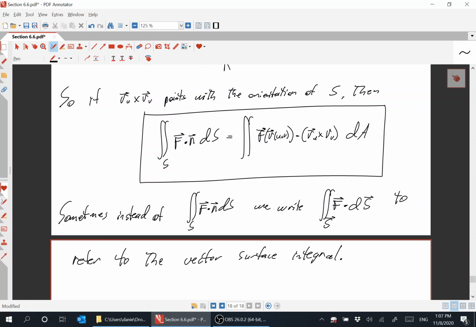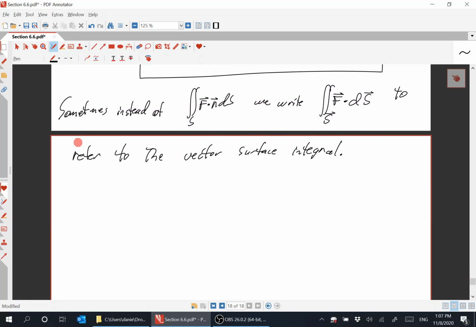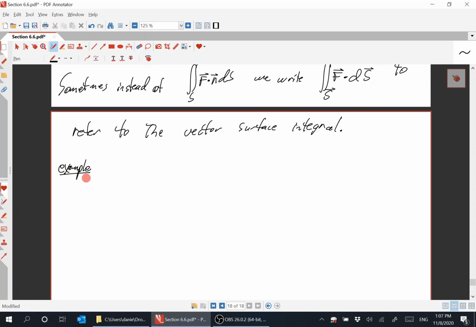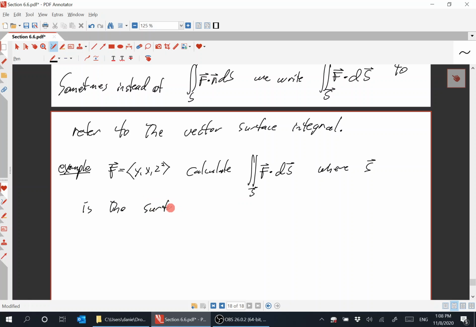All right, for example. Okay. So, for example, take the vector field F = <y, x, z squared>, like that, and calculate the integral of F dot dS, so I'll use that one, where S is the surface z equal to 4 minus x squared minus y squared above the xy plane, oriented upwards.